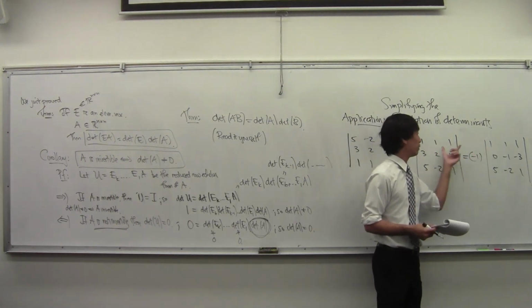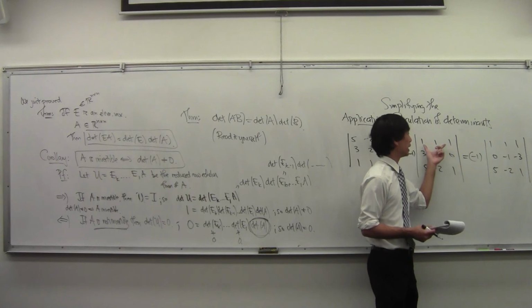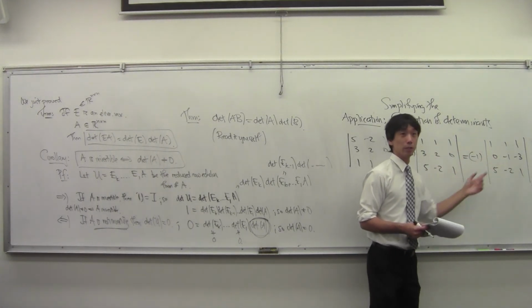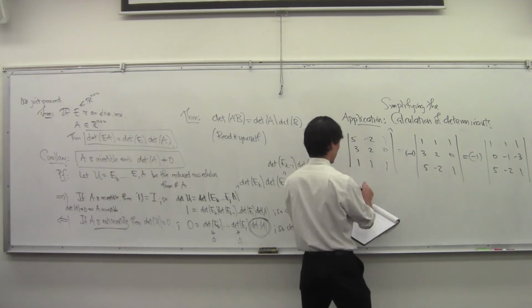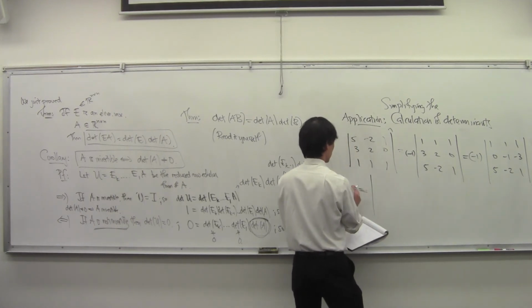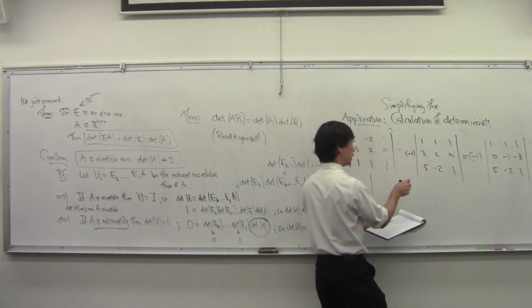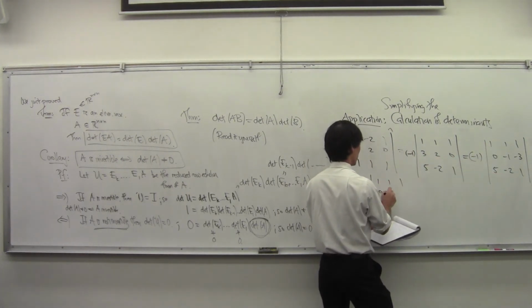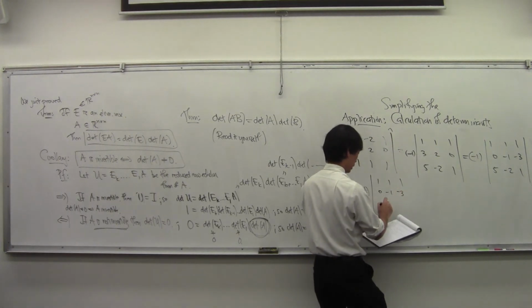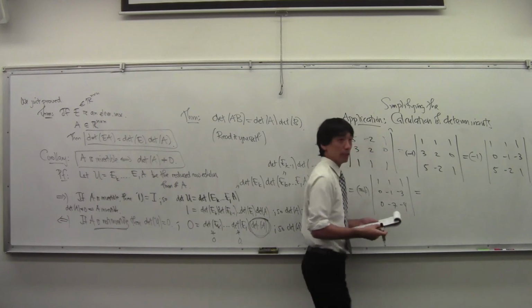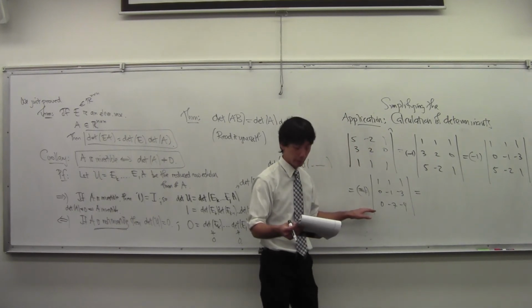I added negative 3 of the first row onto the second. That doesn't change the determinant. I keep on going. I take negative 5 of the first row and add it onto the third: 0, negative 7, negative 4. Again, that doesn't change the determinant.